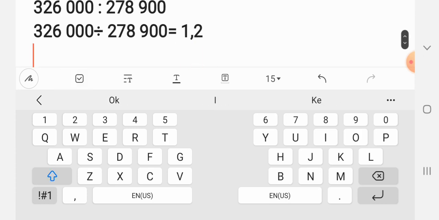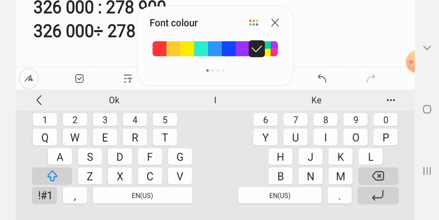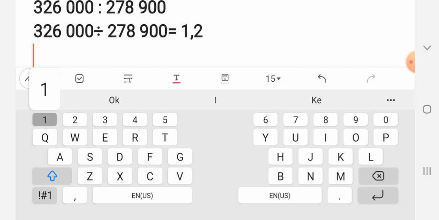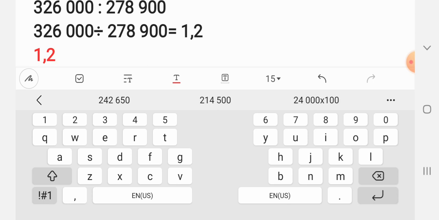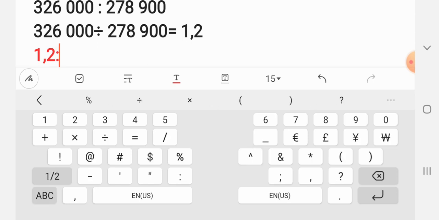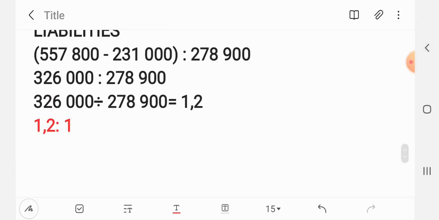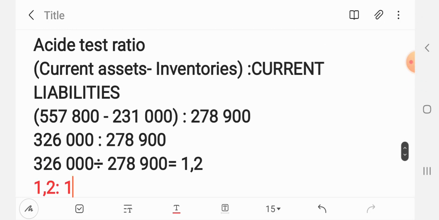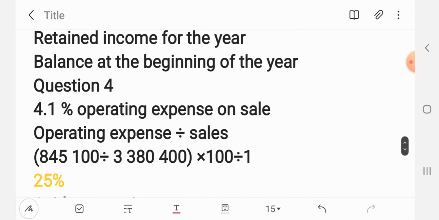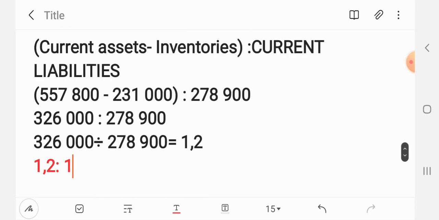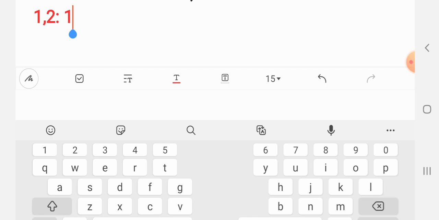So how you write the answer, you will say 1.2 is to 1. It means your current assets minus inventories are 1.2 times your current liabilities. So this is how you calculate the ratio parts, but the ones that want percentage, you just do them this way. I hope that helped you guys a lot.